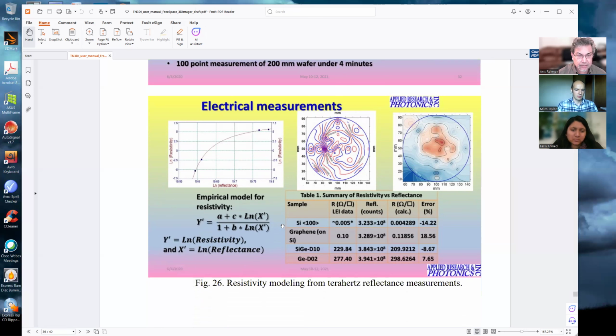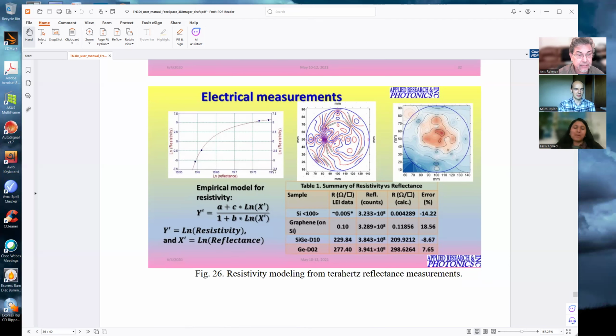We have a way of modeling, and you can get into that at a later time. But once we have experimental data with a certain relation between each and every data point, then we can come up with a best fit equation. With that, we can measure the reflectance and calculate the resistivity.